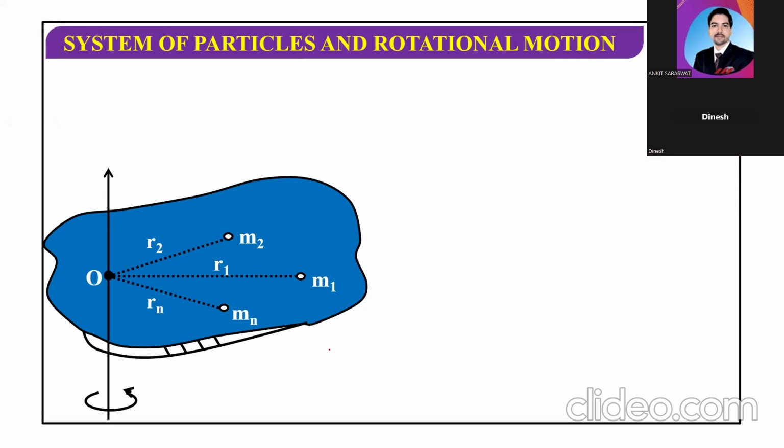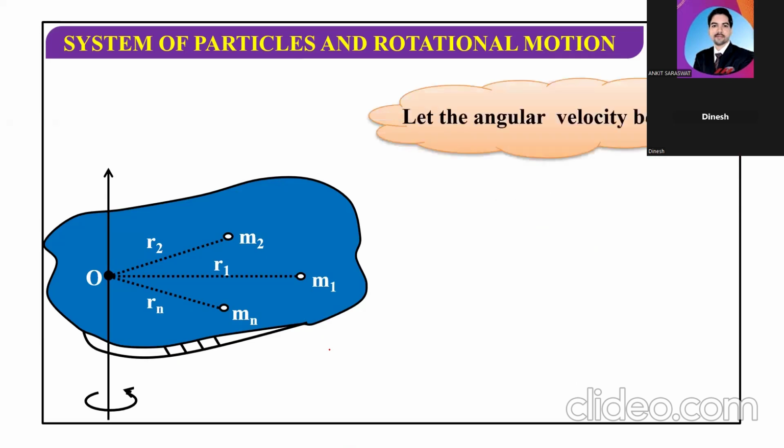These are the position vectors. Let the angular velocity of all the particles be omega. I have already told you, if a particle is doing pure rotation, then its angular velocity never changes. Omega remains constant. I explained this in the first lecture.